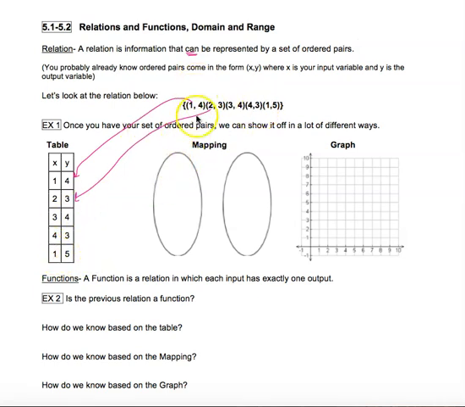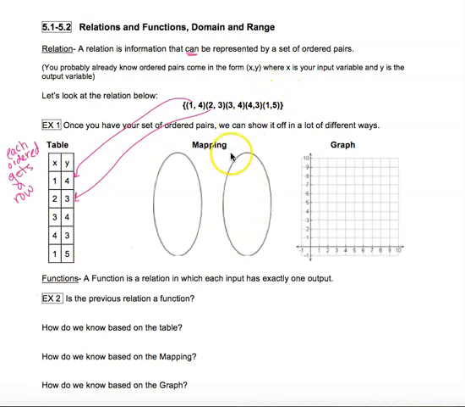And so all you do is just take each ordered pair and write it in its own row. So for a table, each ordered pair gets a row. And that's how we turn it from a set of ordered pairs into a table.